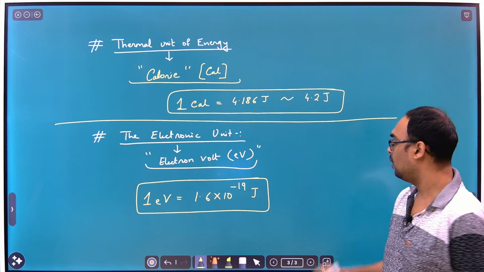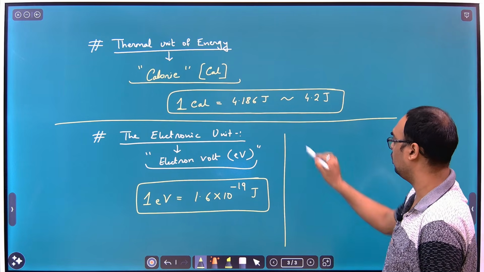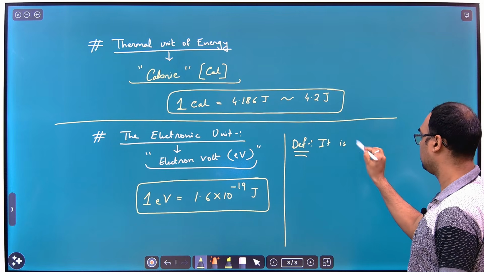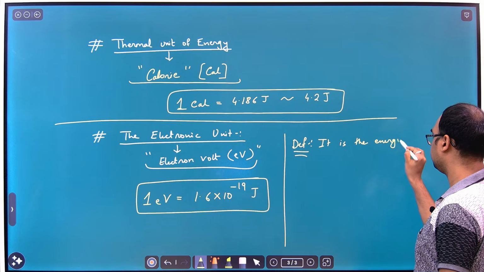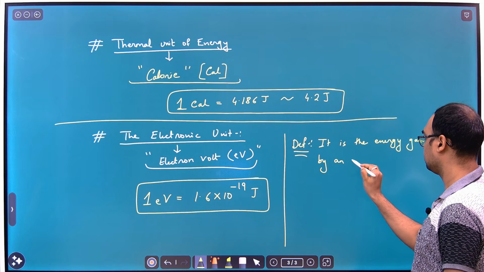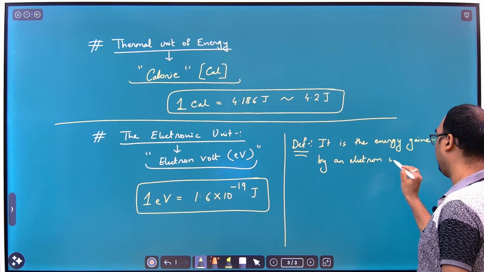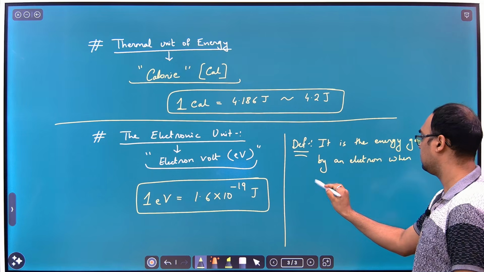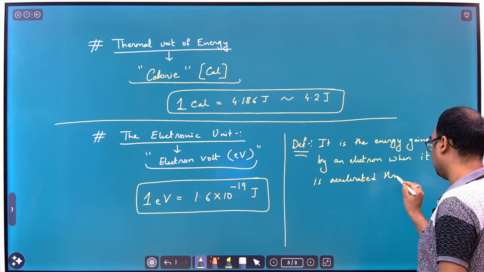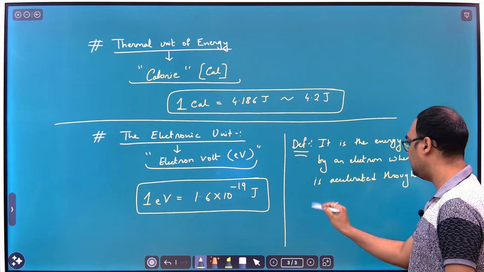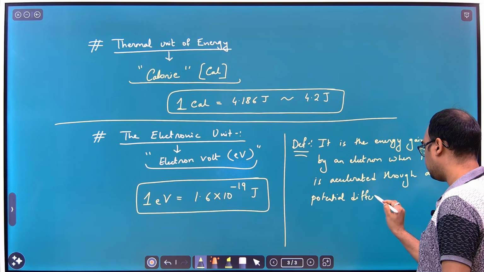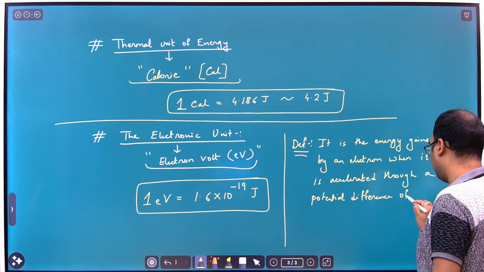Clear? What is the definition of 1 electron volt? It is the energy gained by an electron when it is accelerated through a potential difference of 1 volt.